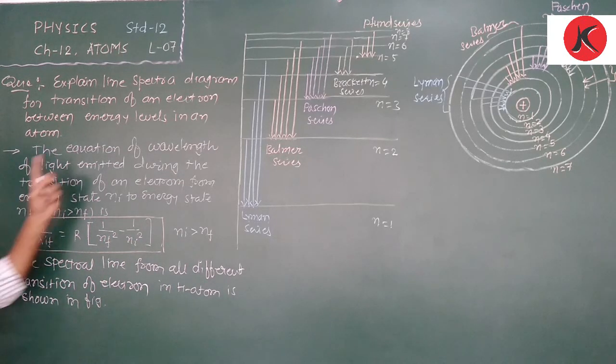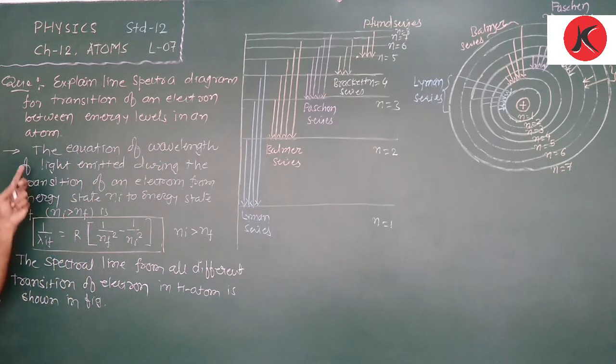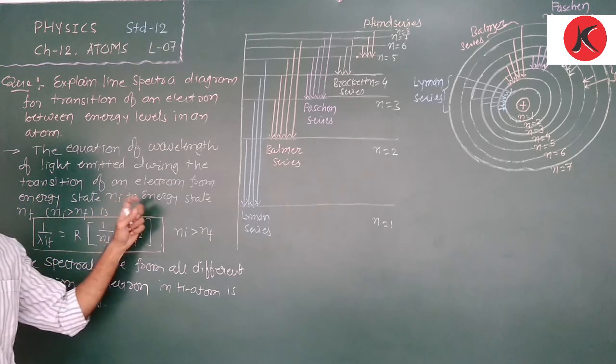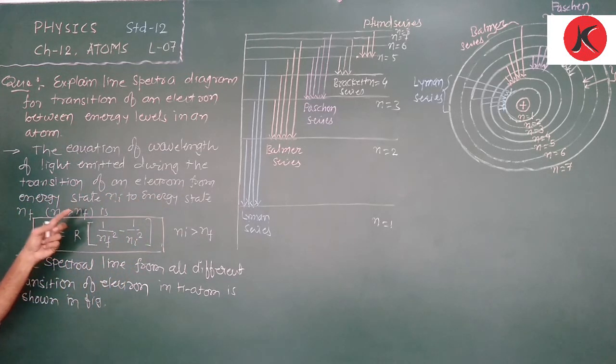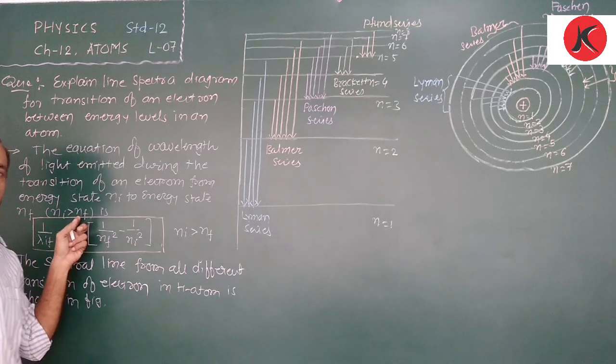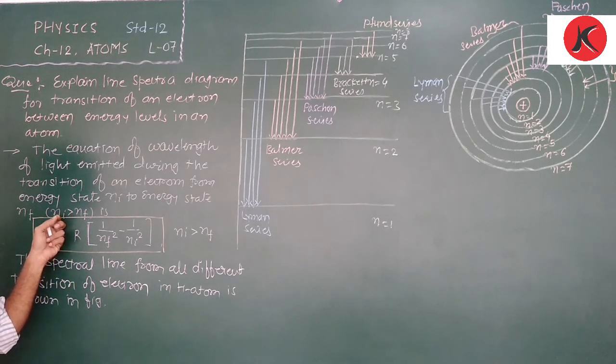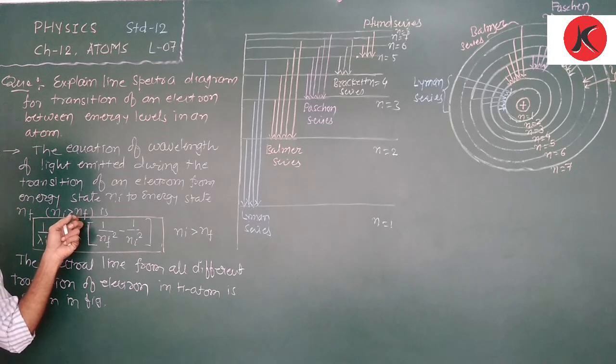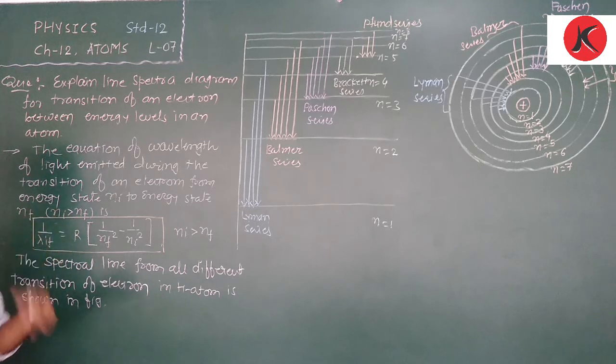Again, the equation of the wavelength or wave number of light emitted during the transition of an electron from the energy state Ni to the energy state Nf, where Ni is greater than Nf, means the energy of the Ni state is much more than the energy of the Nf state.